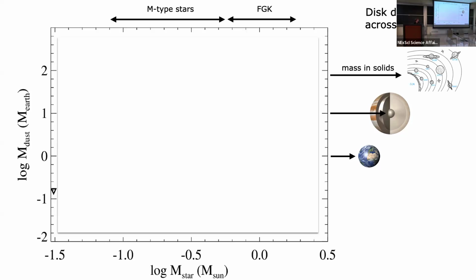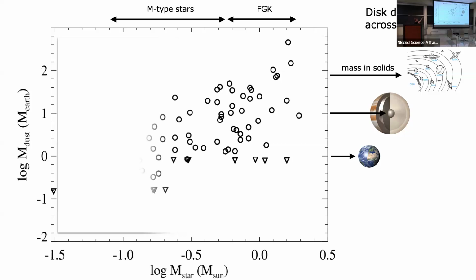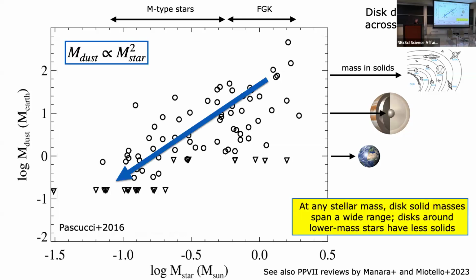So now I'm going to remove this rectangle here, and you can see the data points. The circles are detections, the others are upper limits. And only when you go down to the very low mass stars, when you go down to the brown dwarfs, as we could do here, then you start to see an important correlation between these two quantities.